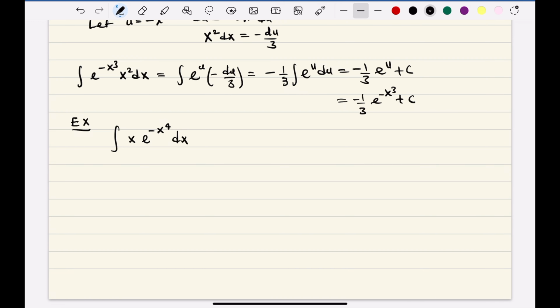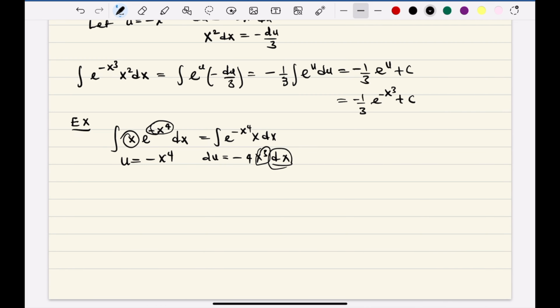Here we can use U-substitution because, if u is negative x raised to the power 4, the derivative is negative 4x raised to the power 3 dx. Here we have x, and there we have x raised to the power 3, so we can use U-substitution, even if I write this as e raised to the power negative x to the power 4 times x dx.